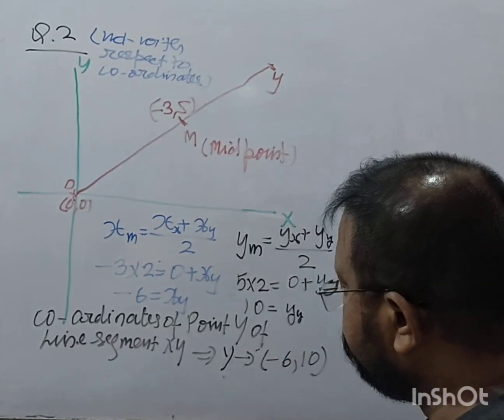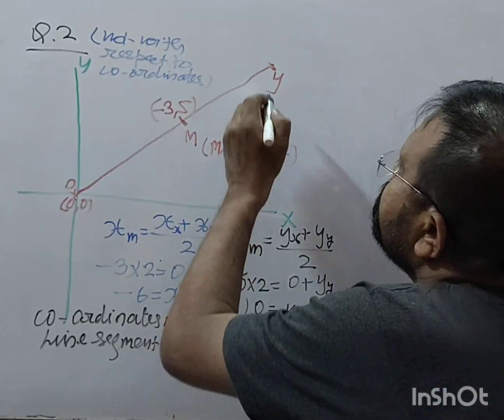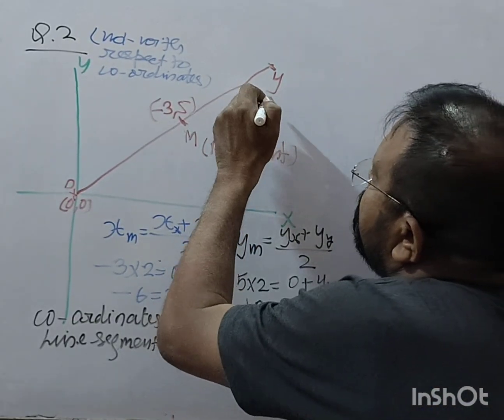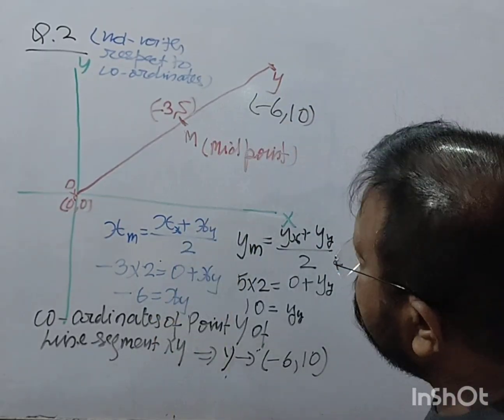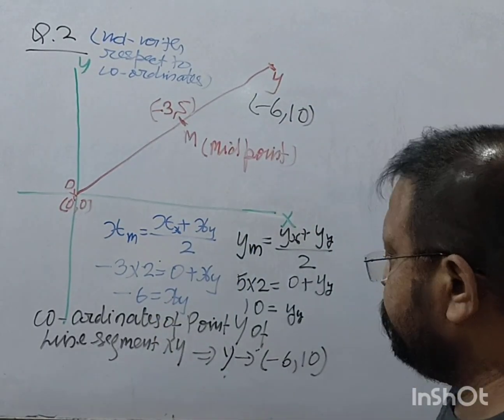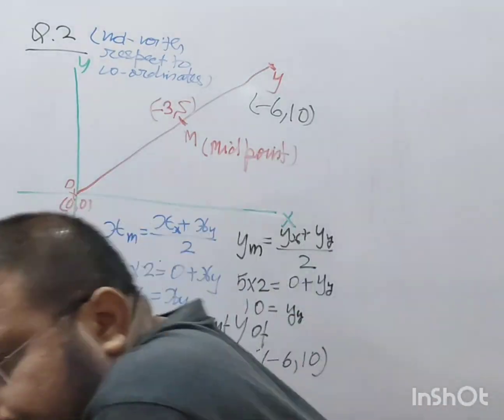Minus 6, 10. So it is minus 6, 10. You get this?